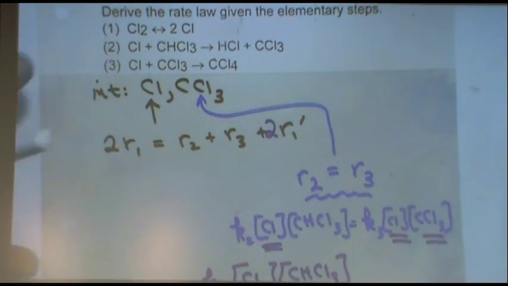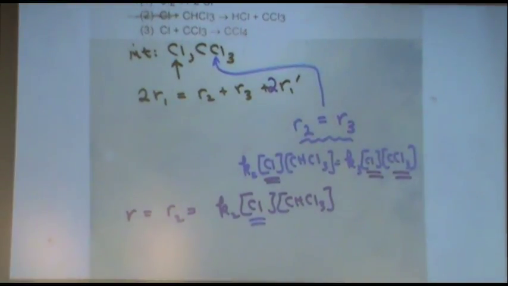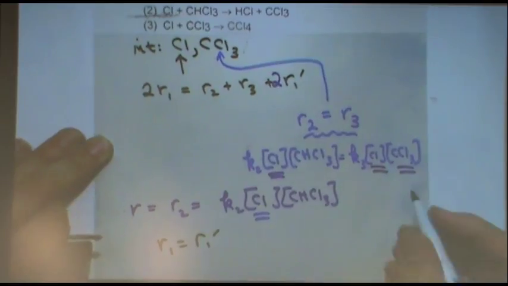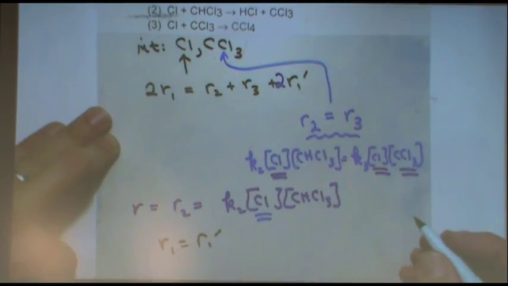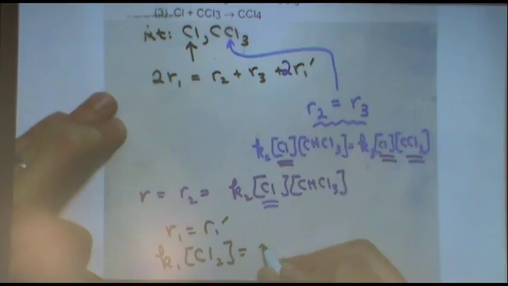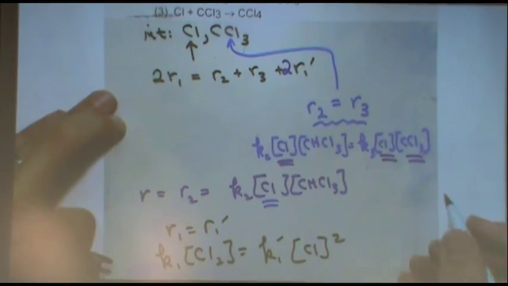So let's do that. I'll do that at the very bottom here. We'll go to a new color. I'm going to say rate 1 equals rate 1 reverse. Why? Because the problem's too hard to solve any other way. So K1 Cl2 equals K1 reverse Cl squared.